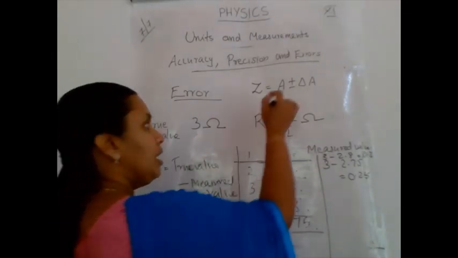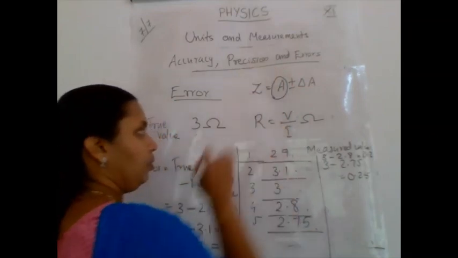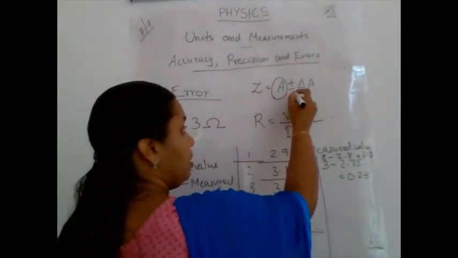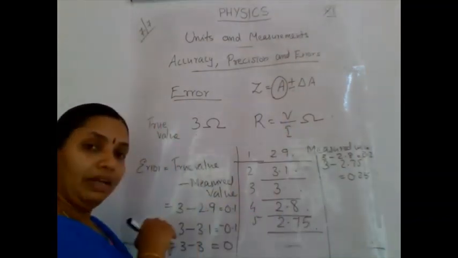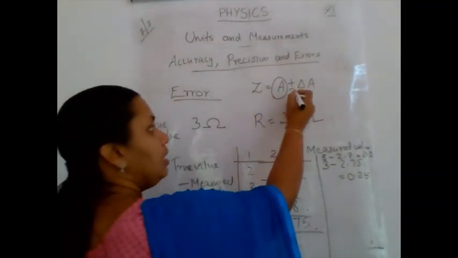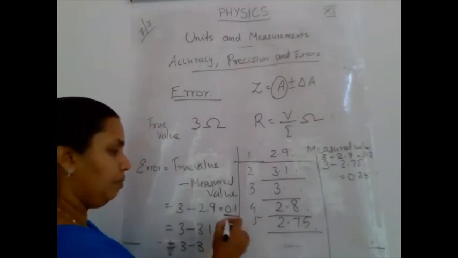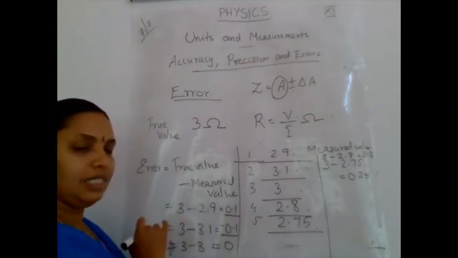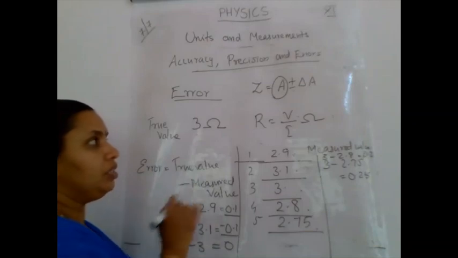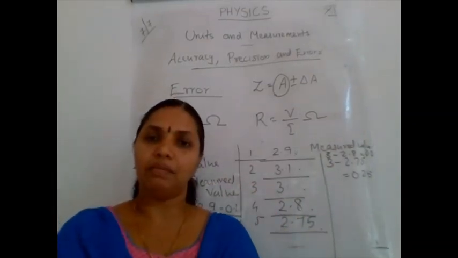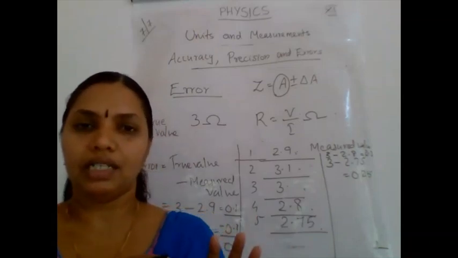A is the true value, and it is possible that some error may occur. And what is that range? That range is plus or minus. Here you see, here it is plus 0.1, and here it is minus 0.1. So from the actual value, it may be above or below, isn't it?